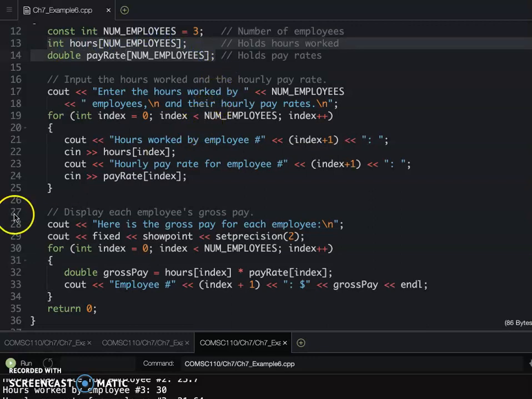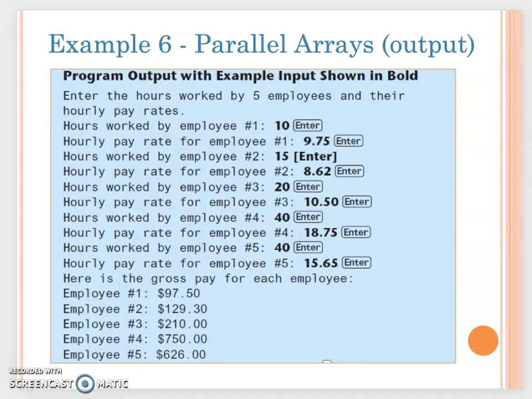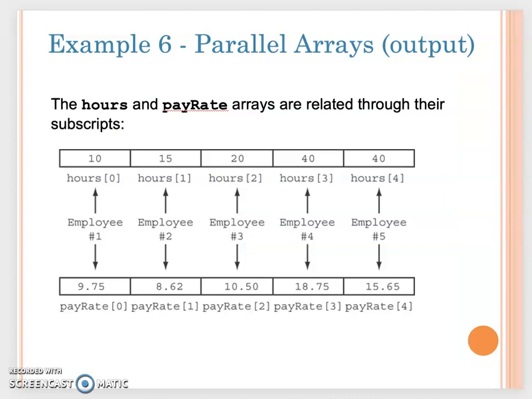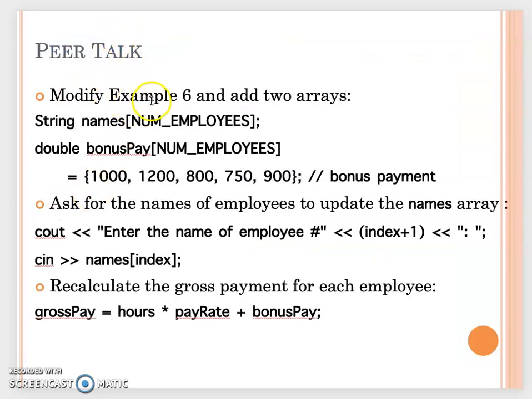So after you have this example, I want you to do an exercise. How about we modify example 6? I want you to see, can you add 2 arrays? These 2 arrays are the employee name and their bonus pay.